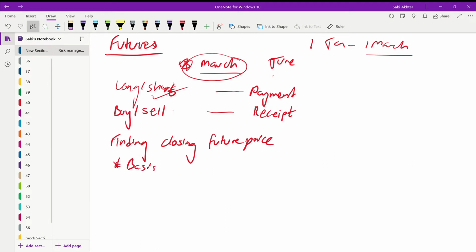First you have to find basis risk. I'm sure you know how to find basis risk. I will show you in the calculation later. Please check the basis risk. It is the opening future minus the current spot.